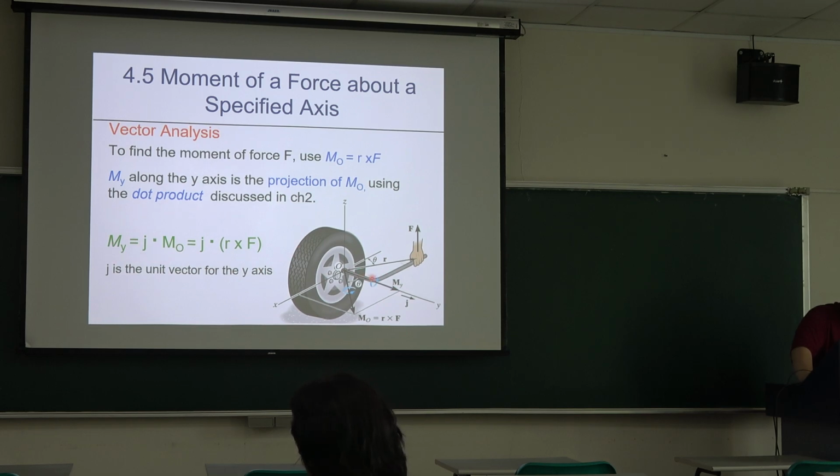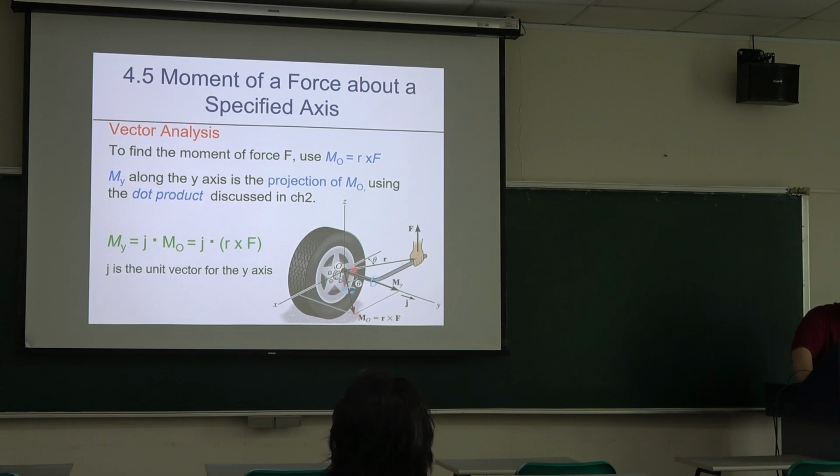So if you want to calculate, okay, we have one couple moment here, and this moment we can use this. If you want to calculate this direction moment, we can use this position vector dot this moment.